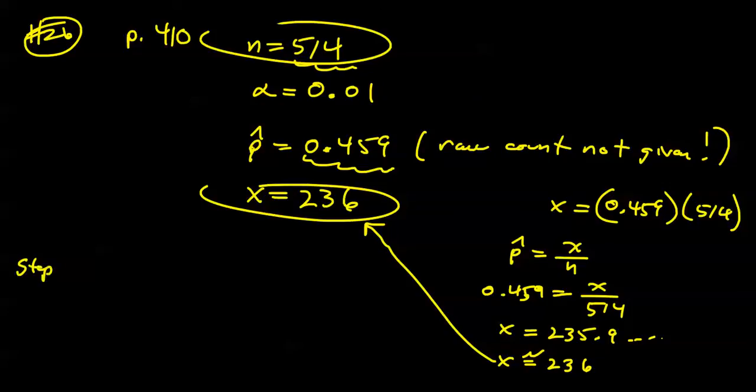Step 1. State the hypotheses. Looking at the problem, it says test the claim that less than half say body piercings are red flags. Less than half. Well, that means the population proportion of human resource professionals who believe that piercings are a red flag is less than half, or less than 0.5.